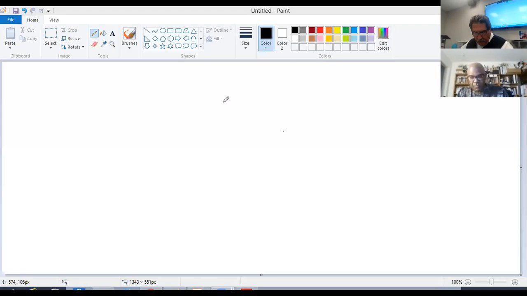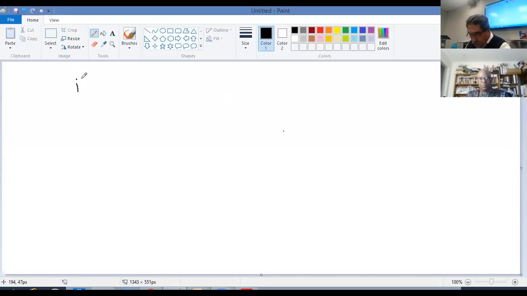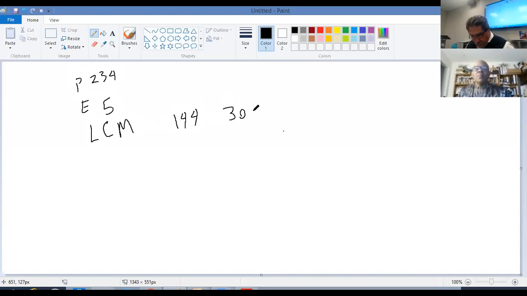Okay. If we go to page 234, example 5, it says find the least common multiple of 144 and 300.